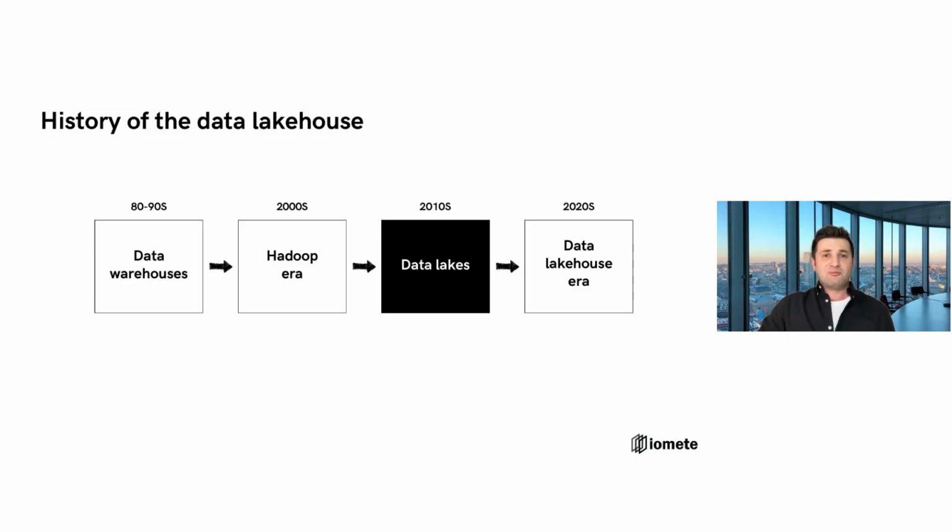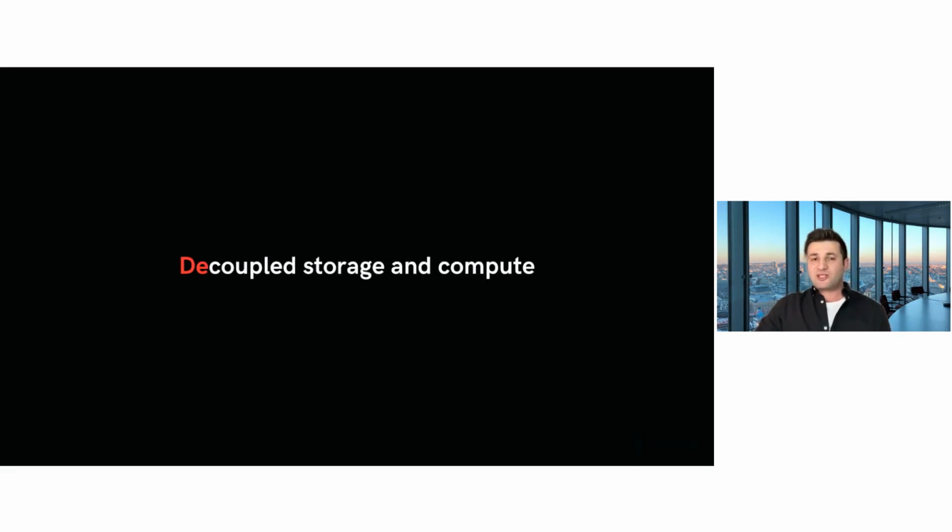So that made a new technology emerge, data lakes. And the biggest difference between Hadoop and data lake is decoupled storage and compute. By the way, these technologies are not completely new. It's just an improvement on the existing one.